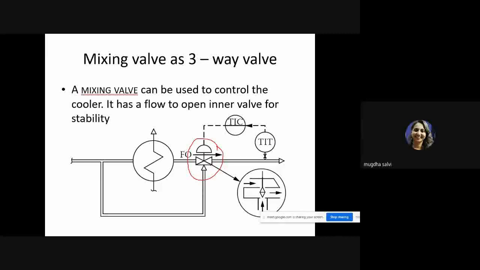Now, if this temperature here at this point is decreased, I'm considering the same process cooler, then I will open the valve in this direction, passing some hot fluid from the entry to the exit directly, thus maintaining this temperature.